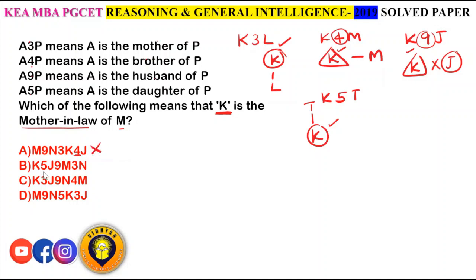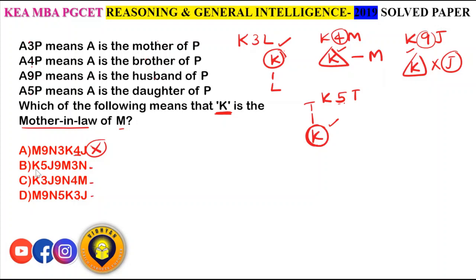Here K5 means K becomes female, and K3J, here also K is female. These you can verify. So one option you can eliminate directly. Sometimes one or two options will come where you can eliminate directly, so that thing you should know. That will save your time.